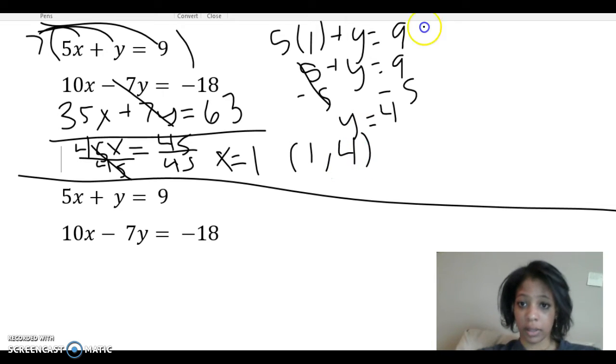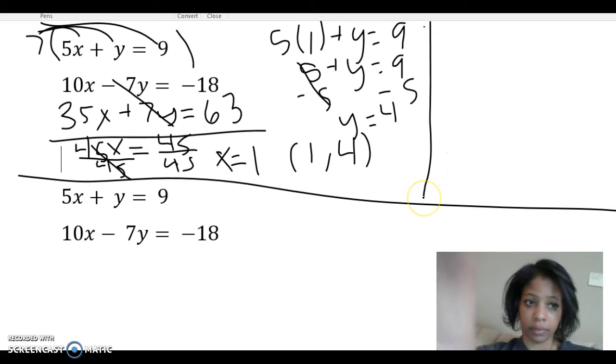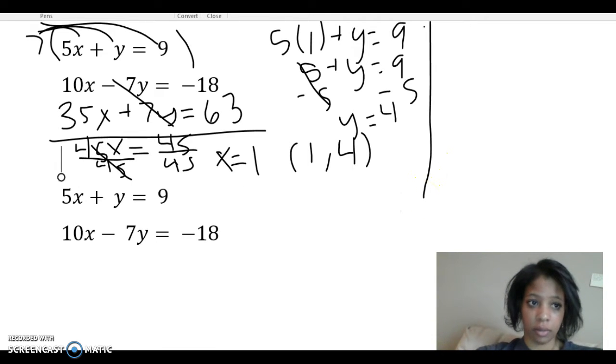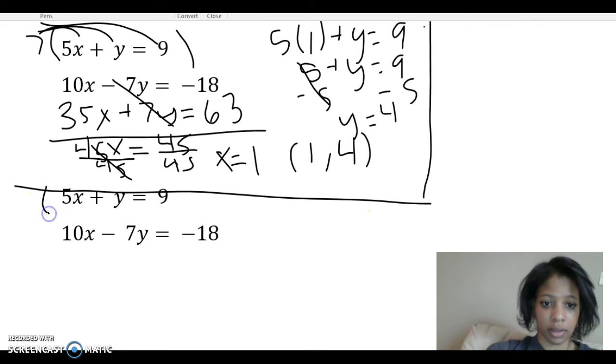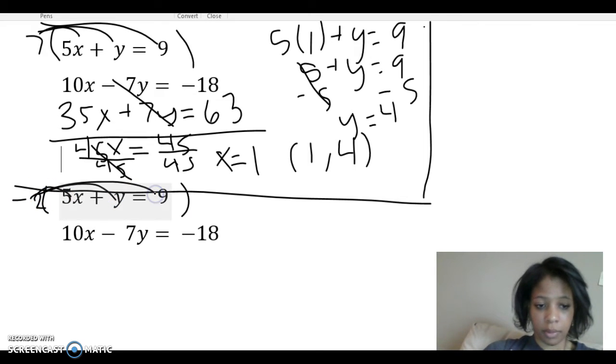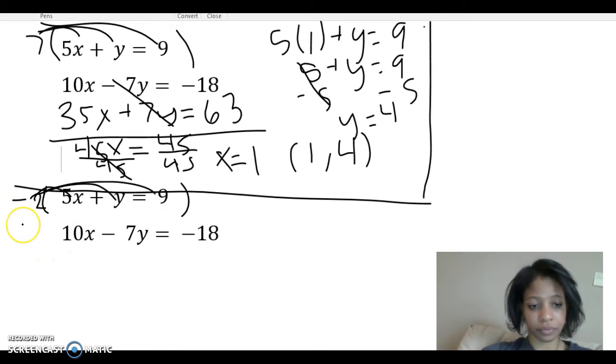Now if I'm solving it the other way, and the other option was multiplying the top by -2, right? So I'm going to multiply the top by -2. I'm distributing, and I'm going to rewrite it underneath here.